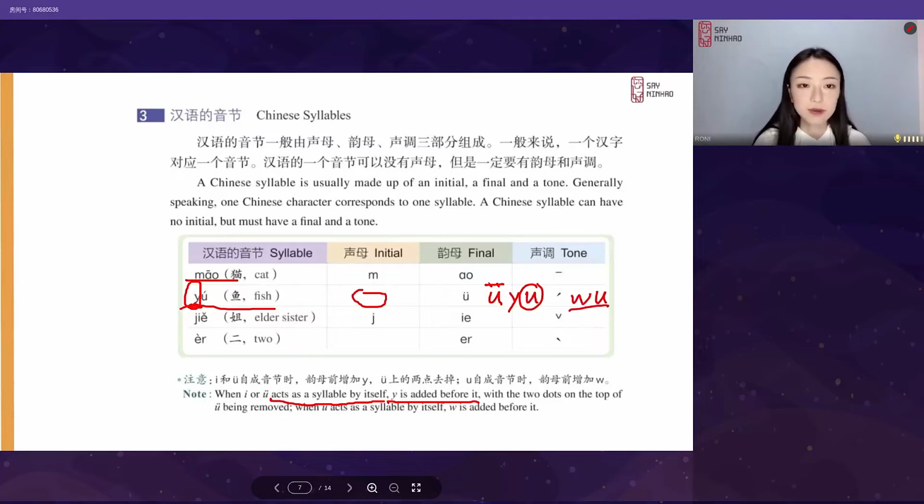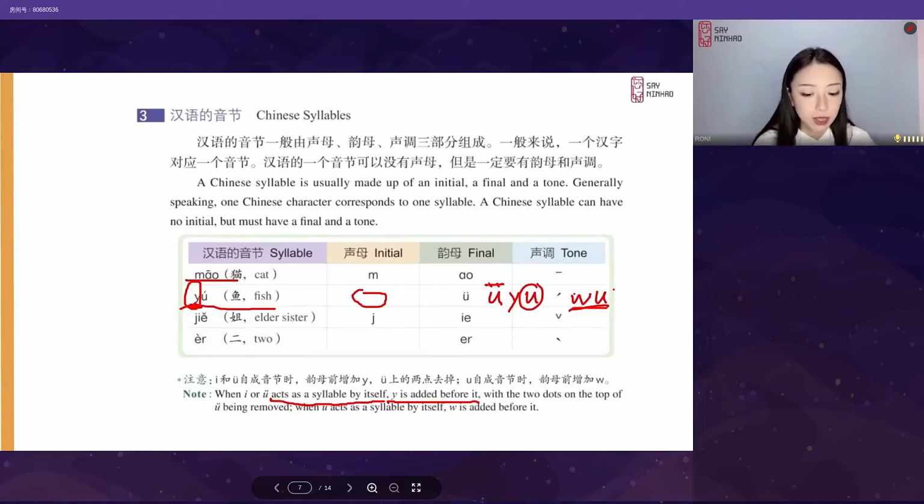This one is wu, okay? Now let's focus on yu. So this is yu, and the tone is second tone, yu. Yu means fish.